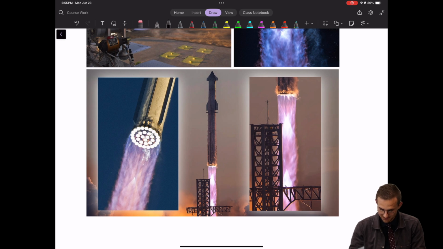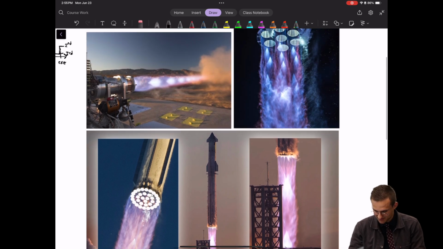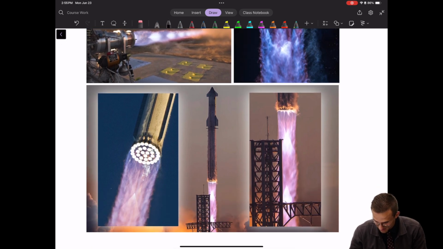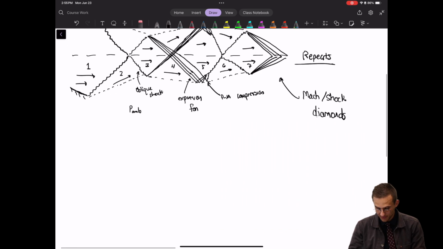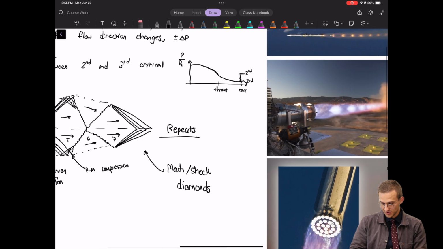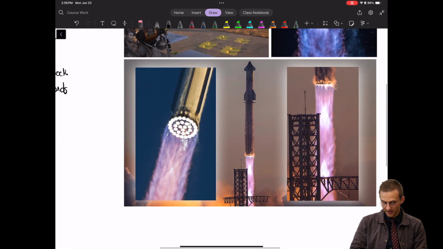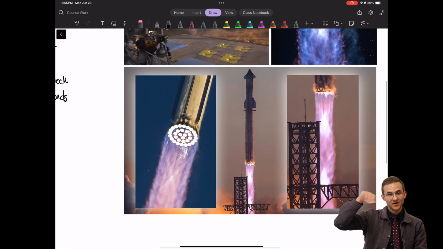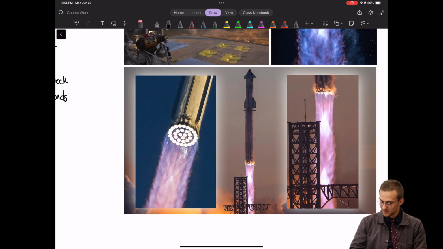So these images are just so cool to look at. But now that you've gone through and really analyzed how these structures come up through these expansion and compression processes, you could go and look at these diagrams and draw the angles of the oblique shocks, and whatnot, to see very clearly what's responsible for this structure.